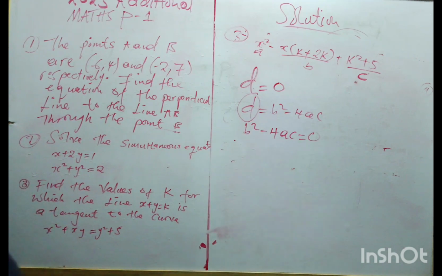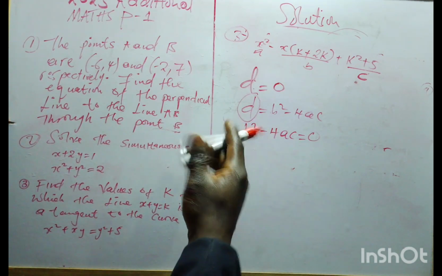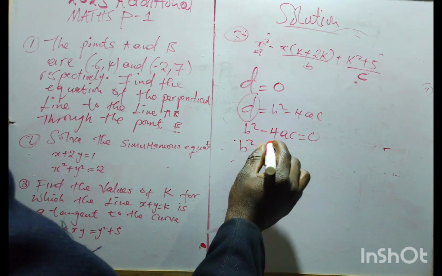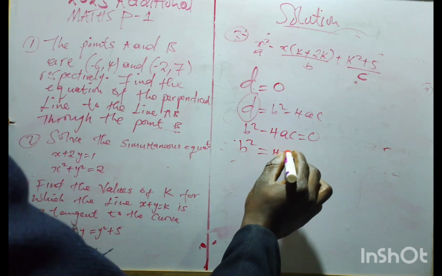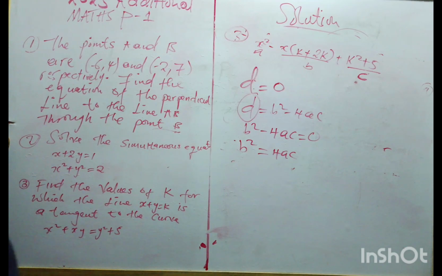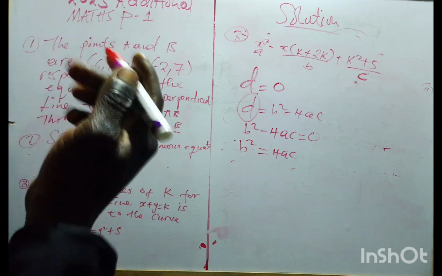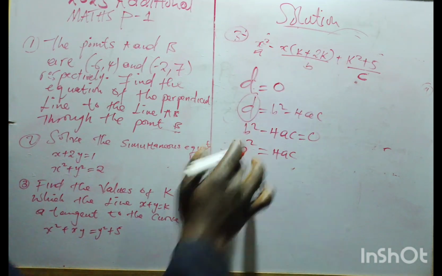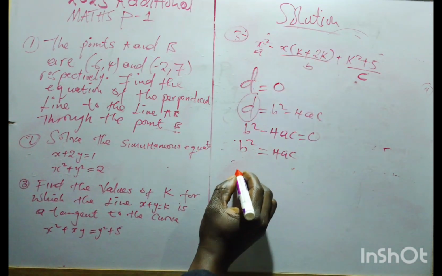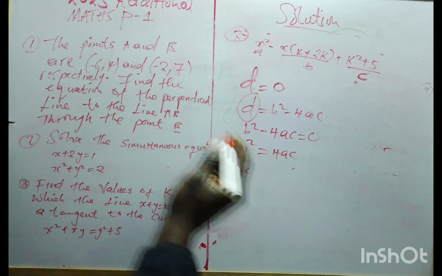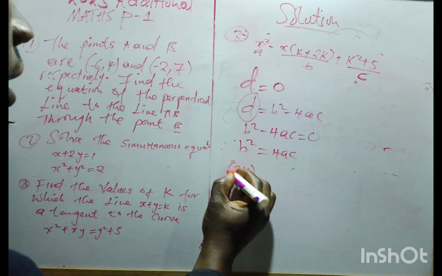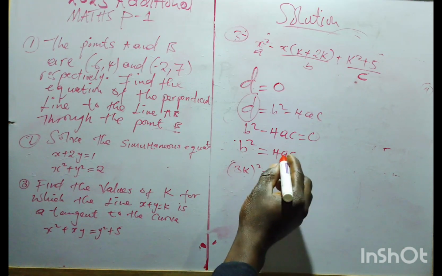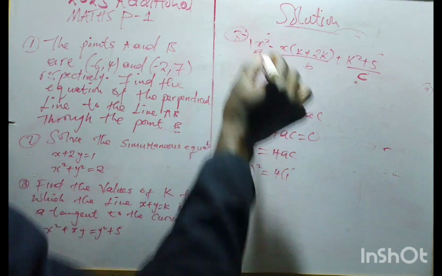Then we are going to make b squared the subject of the formula, in which it will be b squared, which should be equal to plus 4ac. Okay, so now we are going to substitute with the terms which we have here. So for b we have k plus 2k, we're going to have 3k, squared, this squared which we have, which should be equal to 4. Then a we have 1 here.